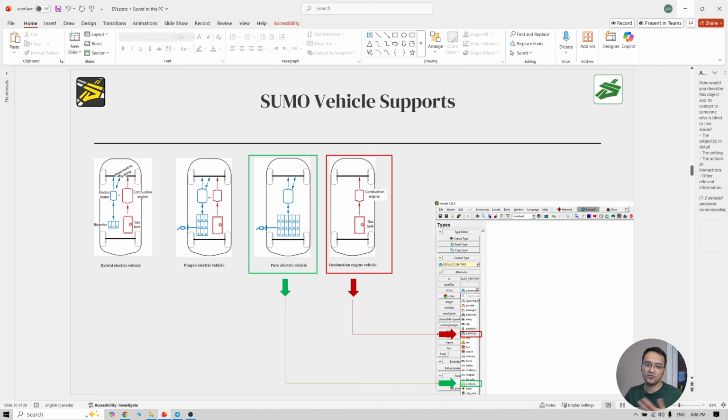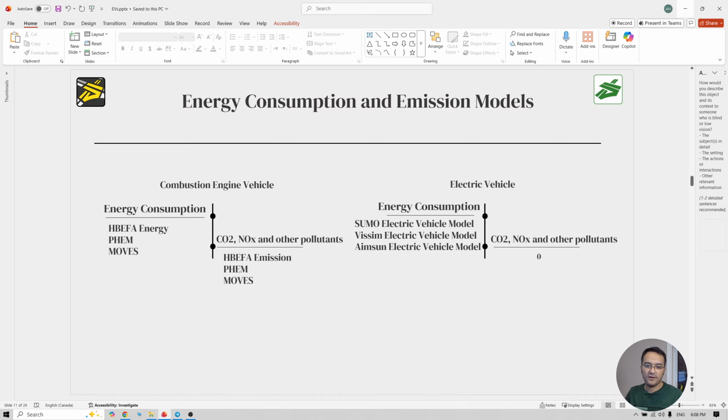We have these two types of vehicle. Of course, we have heavy vehicle, bus, and other things. But the focus of this presentation is more about the conventional passenger vehicles and the current electric vehicles.